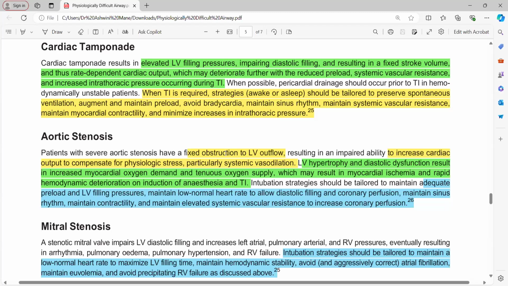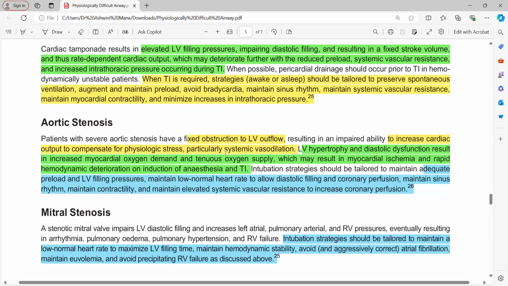LV hypertrophy and diastolic dysfunction result in increased myocardial oxygen demand and tenuous oxygen supply, which may result in myocardial ischemia and rapid hemodynamic deterioration on induction of anesthesia and tracheal intubation. So, maintain adequate preload and LV filling pressure, maintain a low normal heart rate to allow diastolic filling and coronary perfusion, maintain sinus rhythm, maintain contractility, and maintain elevated systemic vascular resistance to increase the coronary perfusion.